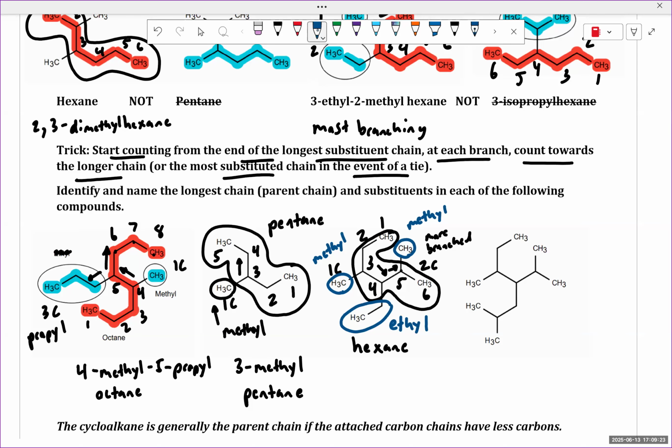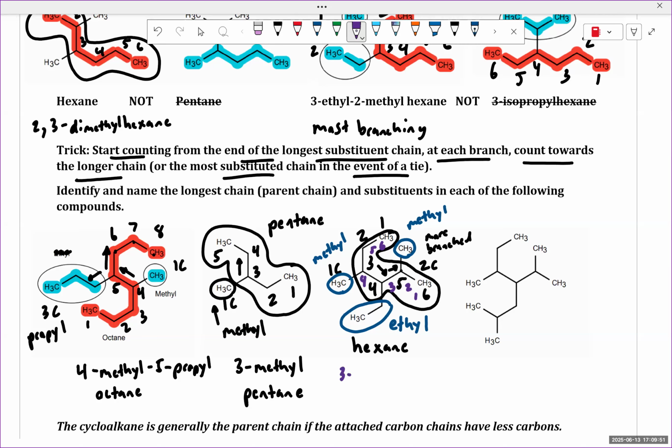Now, the numbering method that I'm going to explain and show you here, we're going to discuss later on, but I do want to provide you the full name for reference. In this case, given that we have a 6-carbon chain, we're going to name and number these substituents.